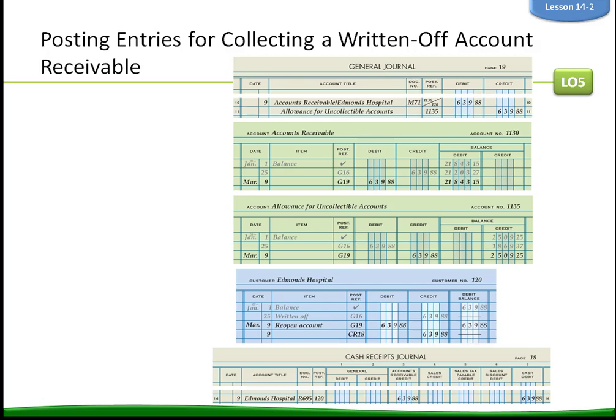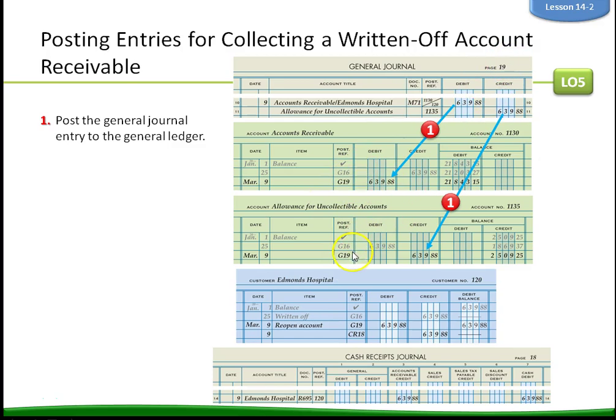Let's see how everything works. First, we need to post the general journal entry to the general ledger. So the general journal to the general ledger. And it's accounts receivable and allowance for uncollected accounts. So here we have account number 1130 right there. General journal page 19.